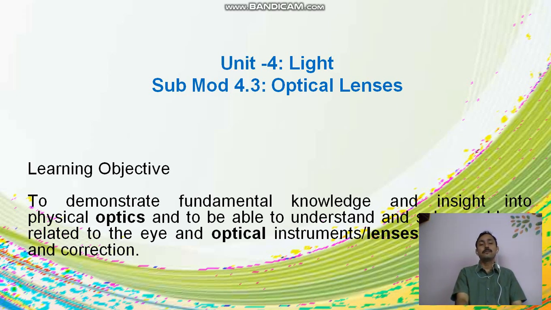The learning objective is to demonstrate fundamental knowledge and insight into physical optics, and to be able to understand and solve problems related to the eye and optical instruments, lenses, their function and correction.